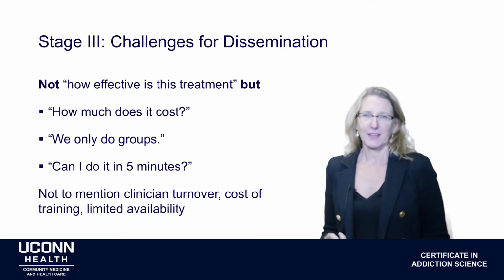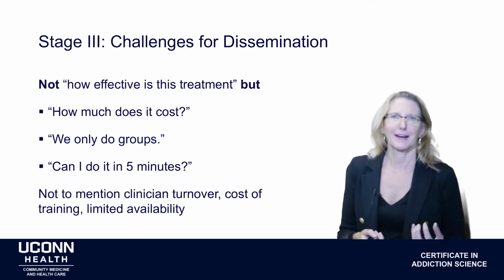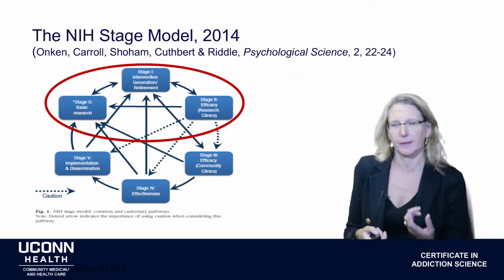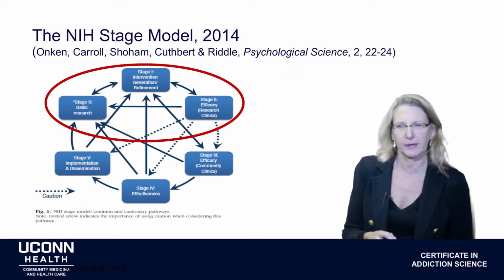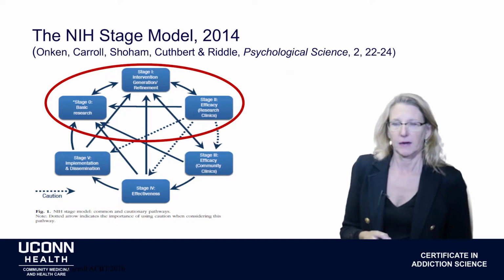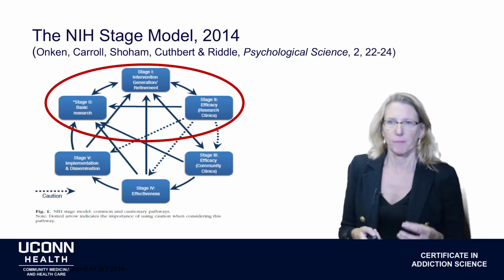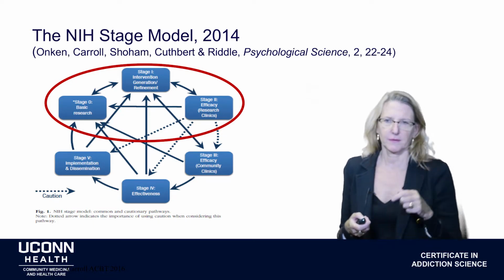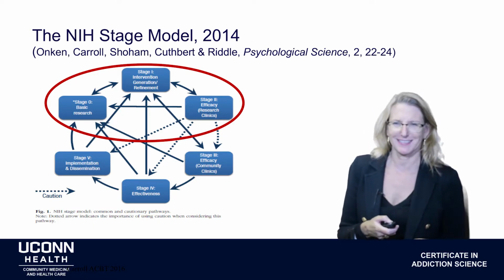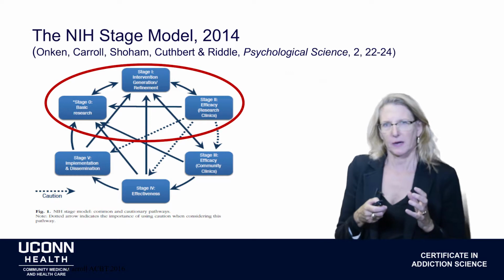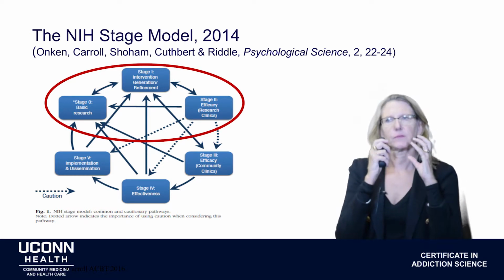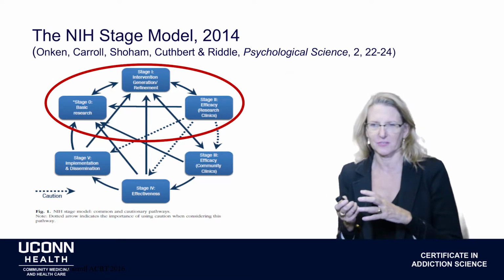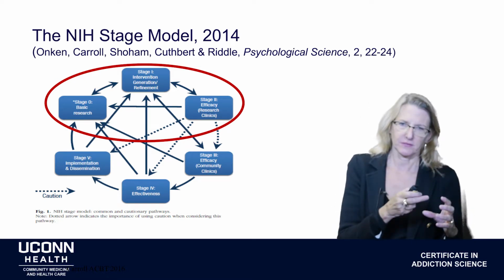So that's really led to some rethinking of the stage model. This was a project led by Lisa Onken of NIH. While the top part there in the red circle really talks about the emphasis that new treatments should be based in basic science, it's Stage 0 and Stage 2.